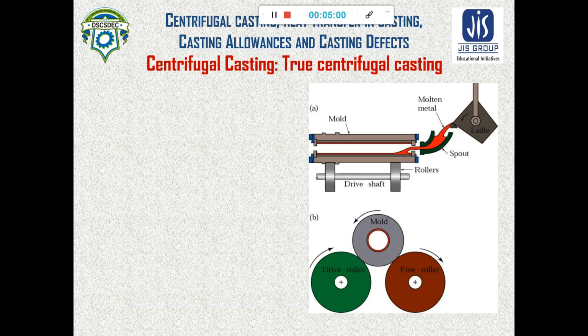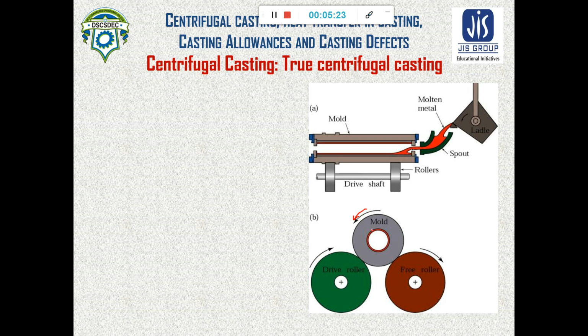Now we will see true centrifugal casting. How is it done? The molten material is poured into the mold, and the mold is rotated.